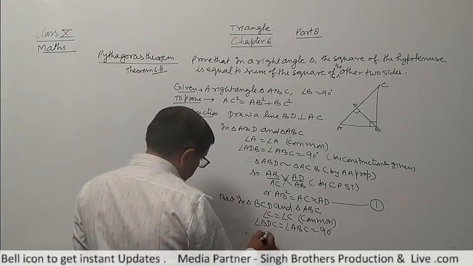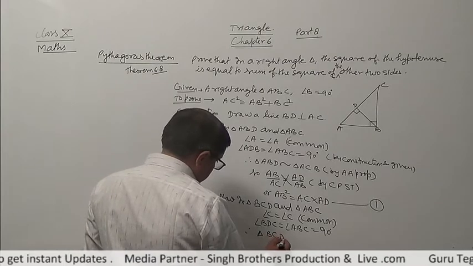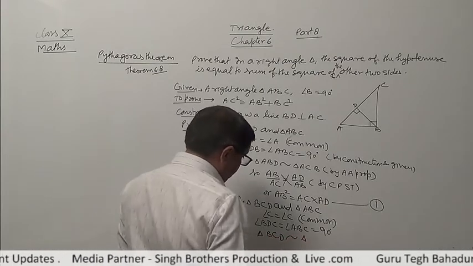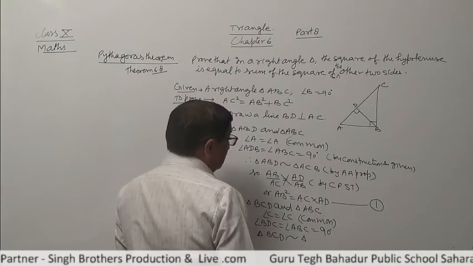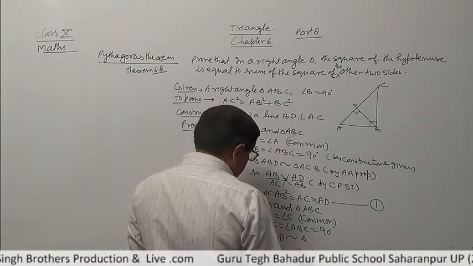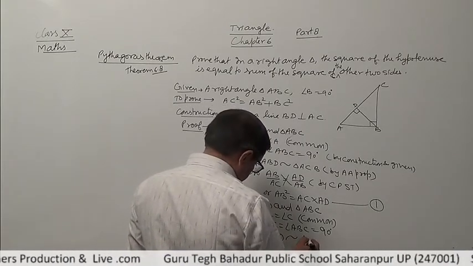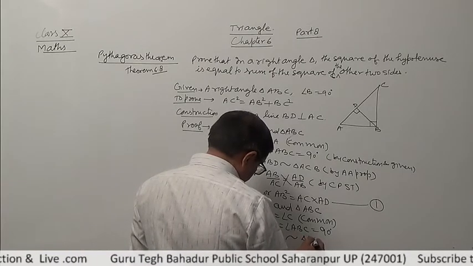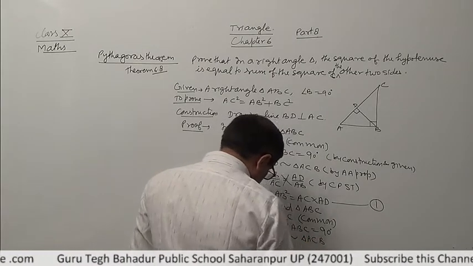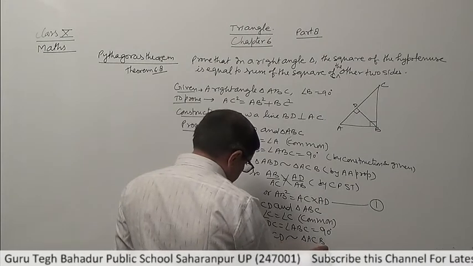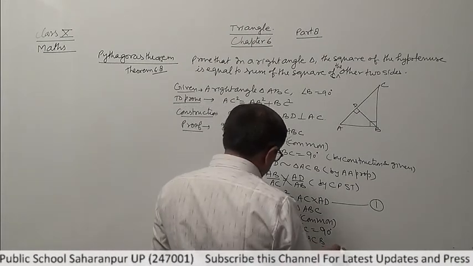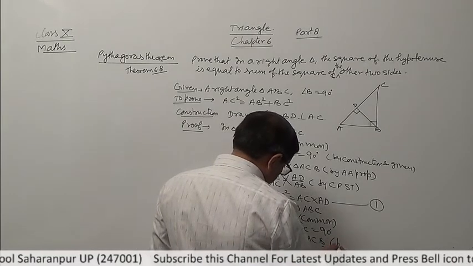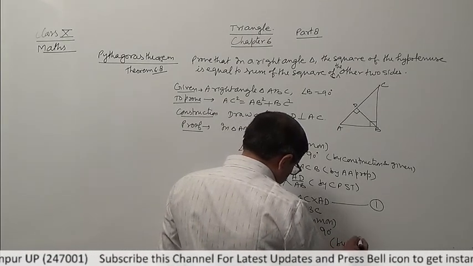Therefore, triangle BCD is similar to triangle ACB, because angle D is 90, angle C is common, by AA property.